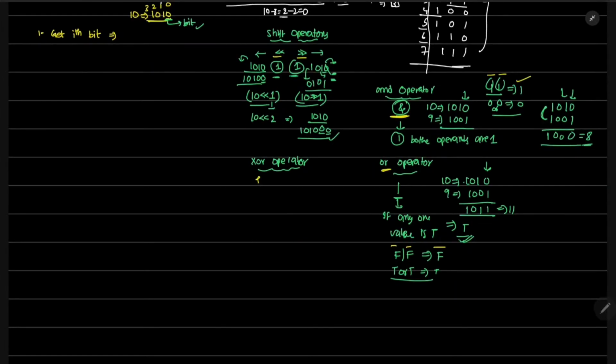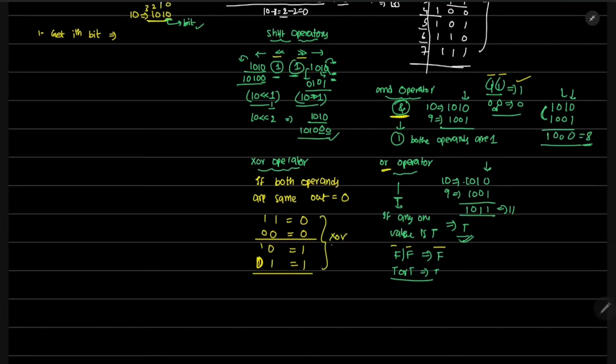If both operands are the same, the output will be 0. So 1 1 is 0, 0 0 is 0, 1 0 is 1, 0 1 is 1 again. If both operands are 0, it will be 0, else it will be 1 for different bits. This is the simple XOR operator.